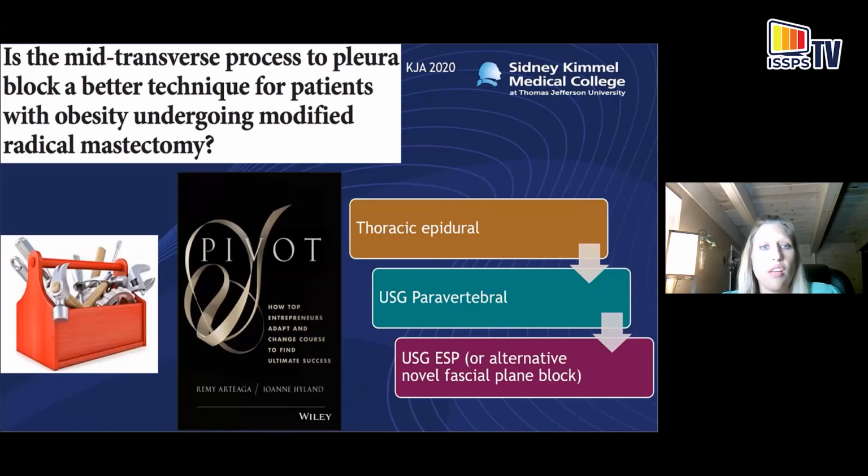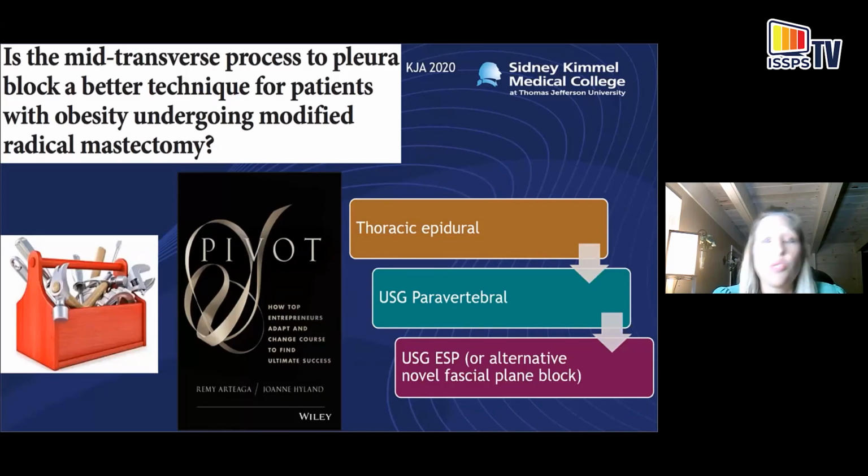We had a patient earlier in the year where we were trying to do a thoracic epidural. We were struggling. The ultrasound wasn't helpful. We could see midline, but we still weren't able to find our way in. Then we scanned for the paravertebral space. Because of the morbid obesity, we could not visualize the pleura very clearly, and it was a GYN procedure, so we really didn't want to proceed with a paravertebral.